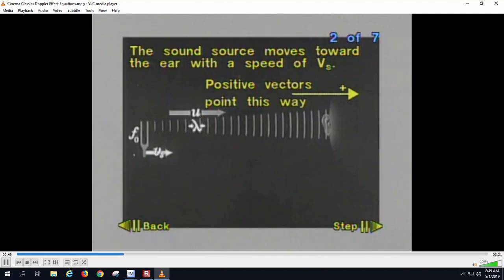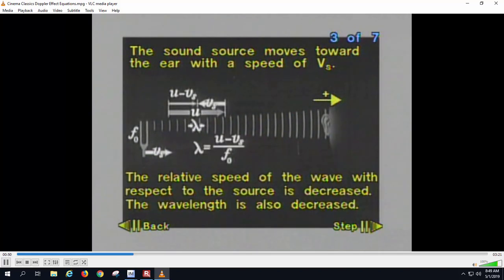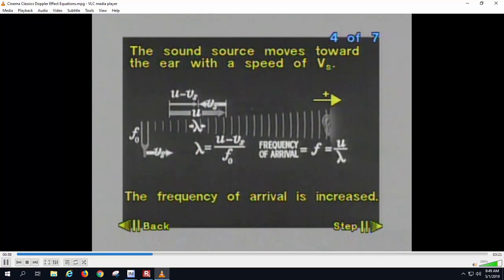So that's a moving source. We'll derive these equations next time we meet, but let's just look at what we're going to do first. We've got to adjust for moving sources or moving observers.